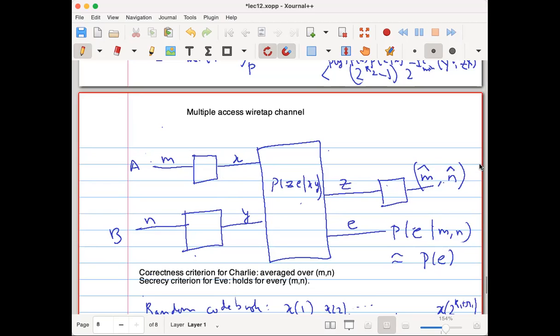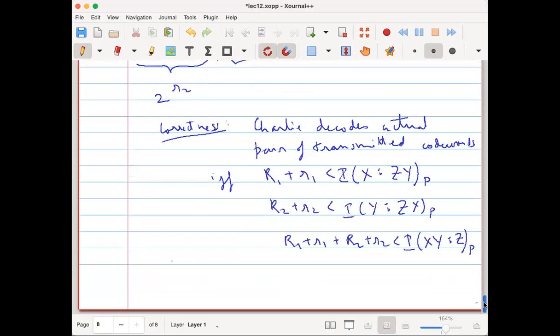We know from the good old covering lemma that, let me put in the smooth rates out here, this is I min epsilon, and this should become I max epsilon.